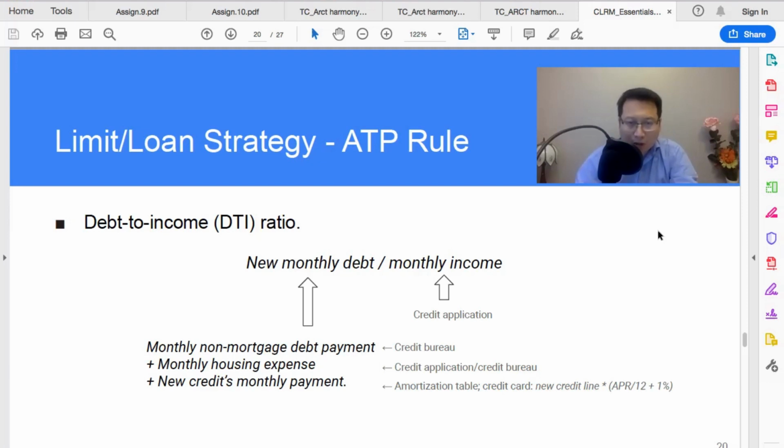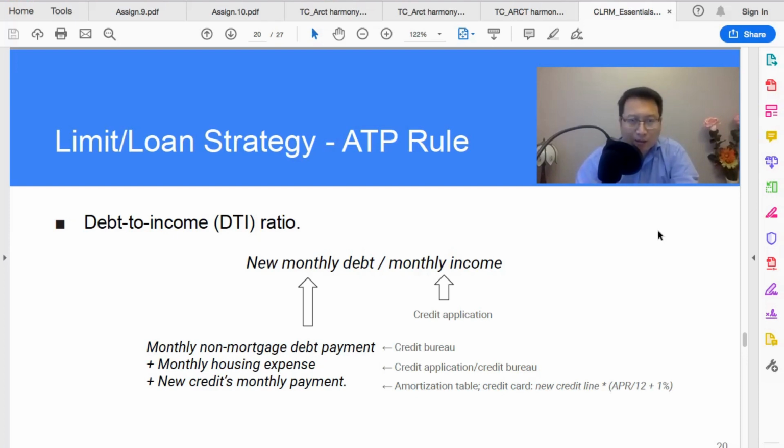For mortgages, the monthly payment information is also available from the credit bureau. So a lender can do a cross check. If it's a homeowner, look at the housing expense reported on the credit application versus the mortgage payment from the credit bureau. To be conservative, the lender can take the larger of the two. So that's the monthly housing expense.